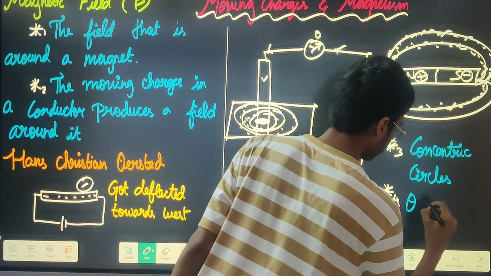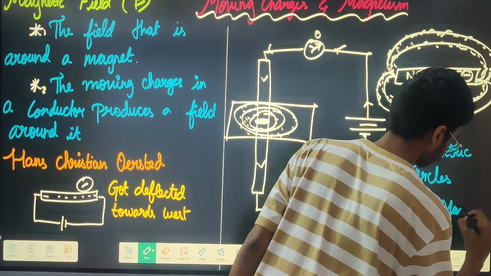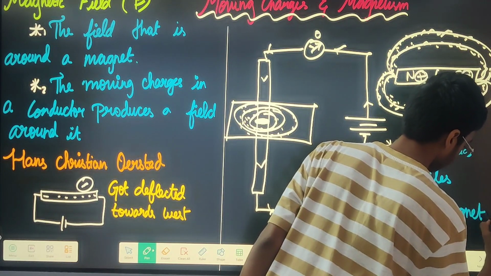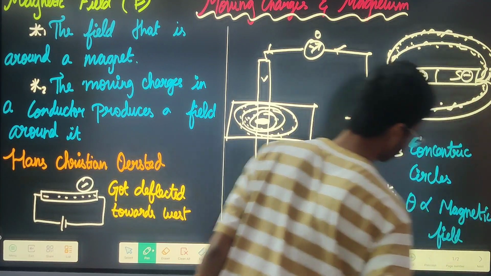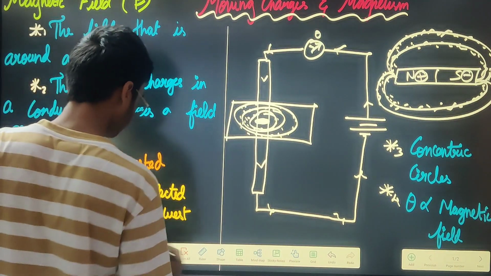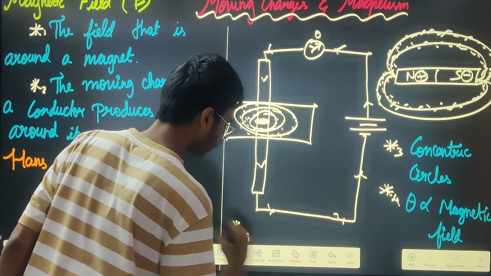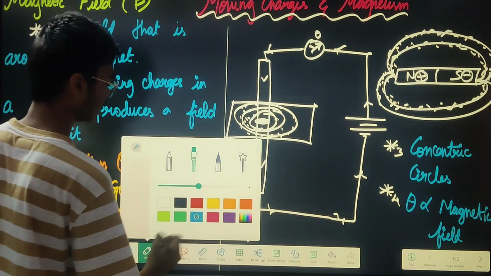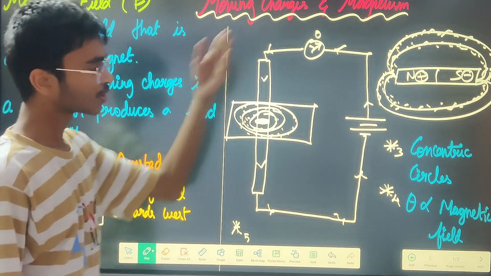Then the intensity of the current is also directly proportional to the intensity of the magnetic field. The number of concentric circles is also proportional to the intensity of current.